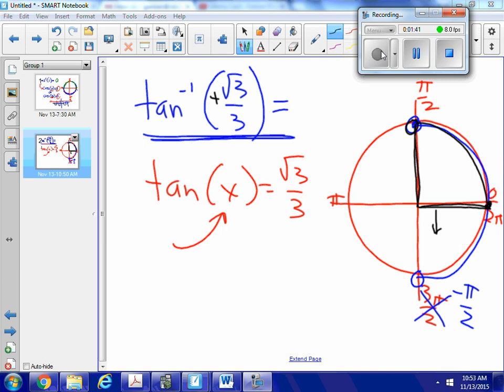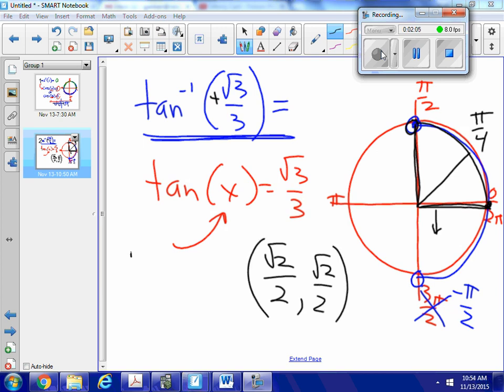And I also know that the pi over 4 angles, all the pi over 4 angles all around the unit circle, have one form of cosine and sine as radical 2 over 2. It might be positive, it might be negative, but they're all some form of radical 2 over 2 as a point. And since tangent theta is equal to sine theta over cosine theta, radical 2 over 2 divided by radical 2 over 2 is either going to be plus 1 or it's going to be minus 1, depending if one of these is negative.